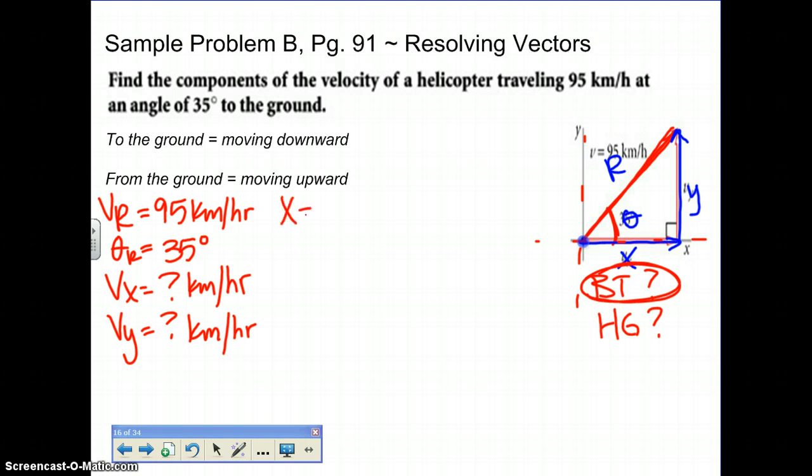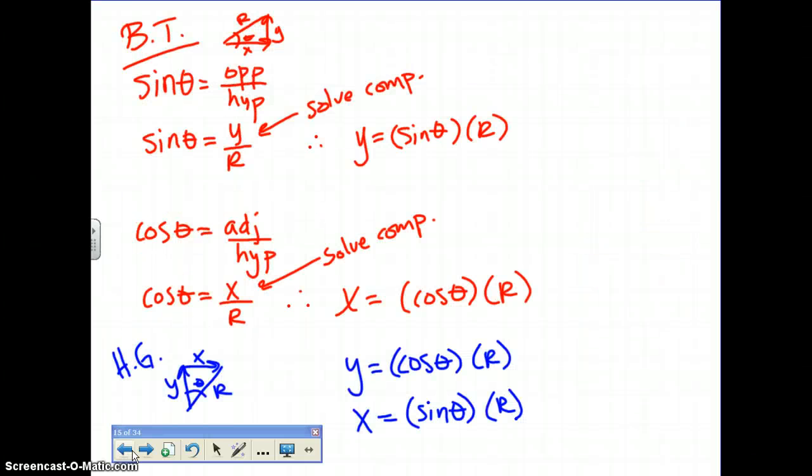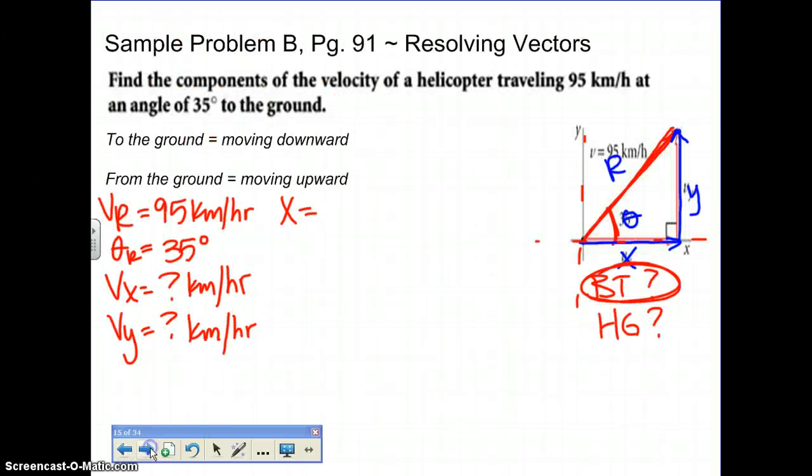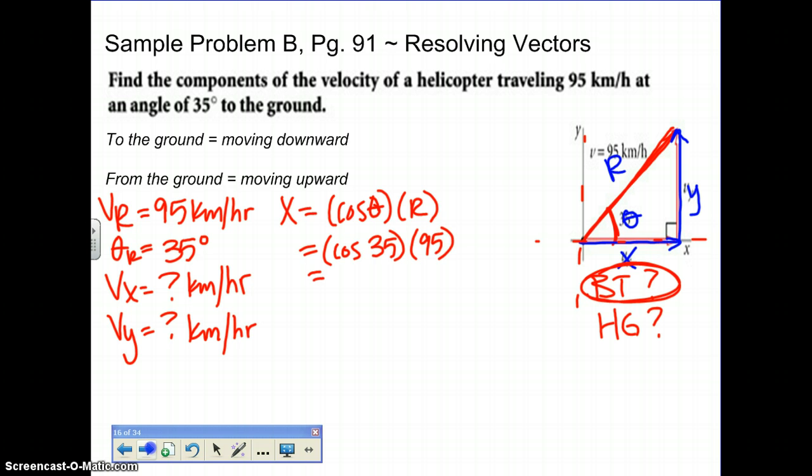So to solve for your x component, check the previous slide. To solve for your x component of a bow tie triangle, you want to use cosine theta times resultant, so cosine of 35 times 95. Put that in your calculators, making sure you're in degrees again. That is going to give you roughly 78, in which you only want 2 sig figs, so 78 kilometers per hour is what v sub x equals.